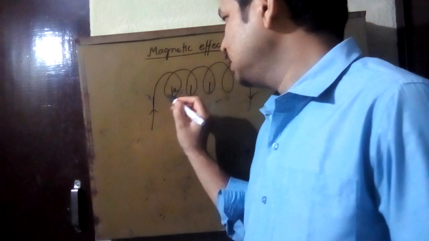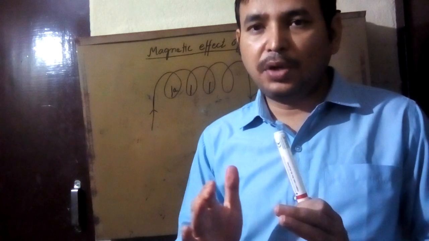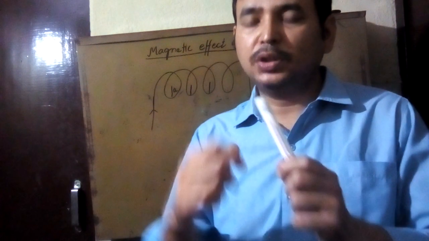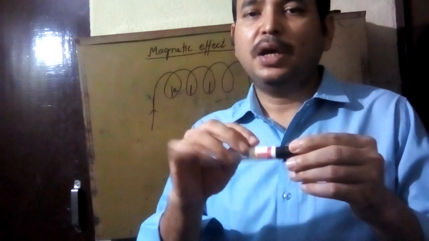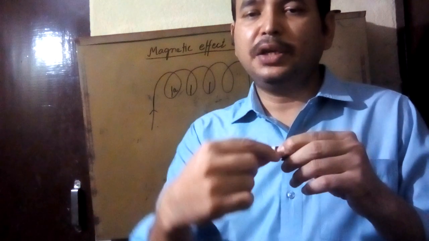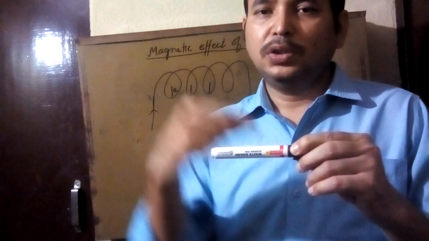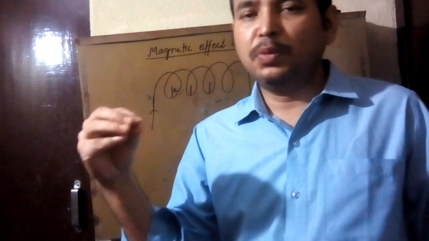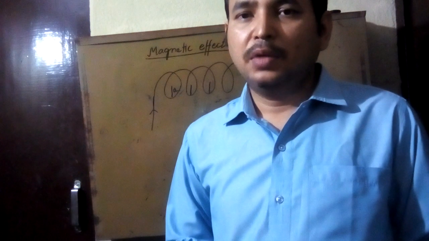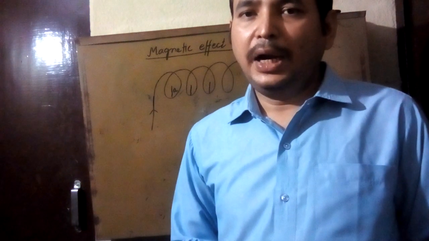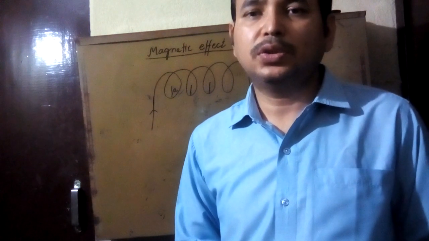Suppose this is radius A. Suppose you take one wood, or suppose this is a pen, and I am coiling the conductor, a wire, around this. Then I remove this and I get a helical coil, that is, a cylindrical coil. And when you pass the current through that cylindrical coil, that is known as a solenoid.